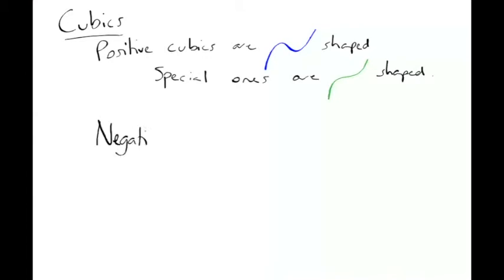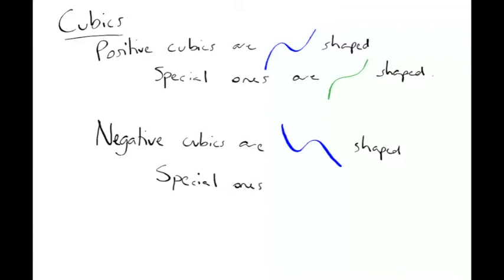Negative cubics, the opposite way around. They start off with really negative x's being really high. So they go down, up, down. And the special ones, very similar, go down, pause, down. That special one comes up a little bit more often than you'd think because it is the graph of x cubed. It's also if you have any transformation on that.